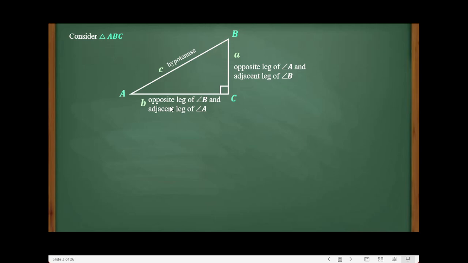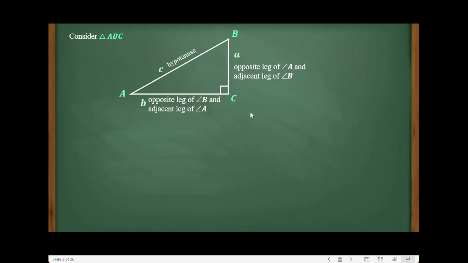The vertical leg, denoted by small letter a, is the leg opposite of angle A, and at the same time, the same leg can be labeled as the leg adjacent to angle B. And the horizontal leg, denoted by small letter b, is the leg opposite to angle B, and at the same time, this is the leg adjacent to angle A.